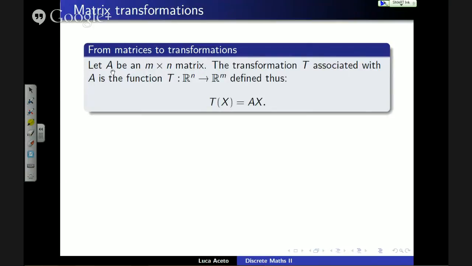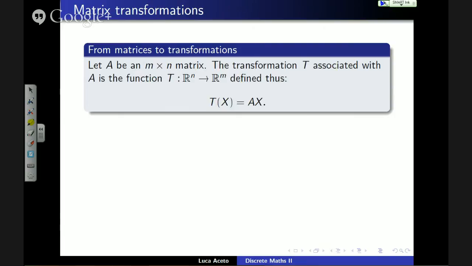If we take a matrix A with m rows and n columns, this matrix can be used to define a function from n-tuples of real numbers to m-tuples of real numbers. This function is defined using matrix multiplication.